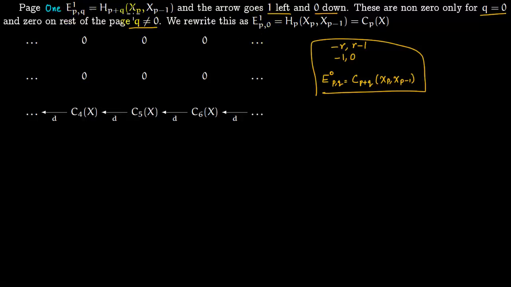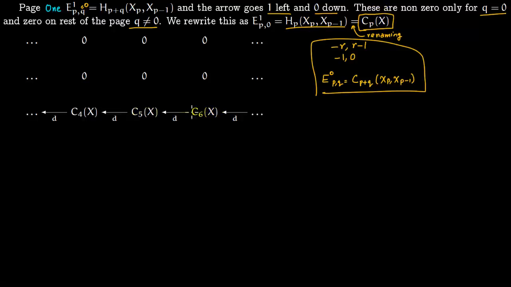So because this Q is just 0 for non-trivial groups, you write it as H_P of X_P, X_{P-1}, and this is a chain complex, so you rename it as C_P of X. So this is just a renaming, and this is the secret sauce of spectral sequences also. All the homology groups, they again form a chain complex. So this is what we are writing here.